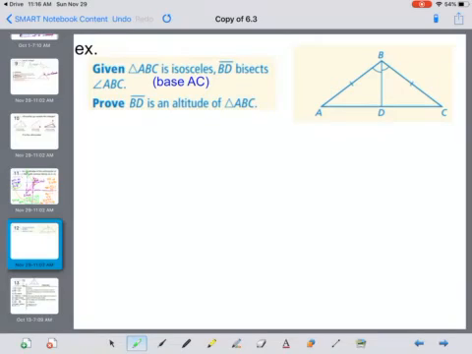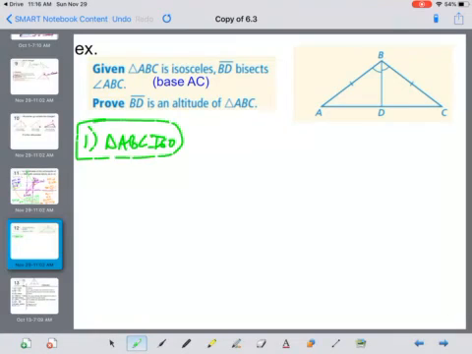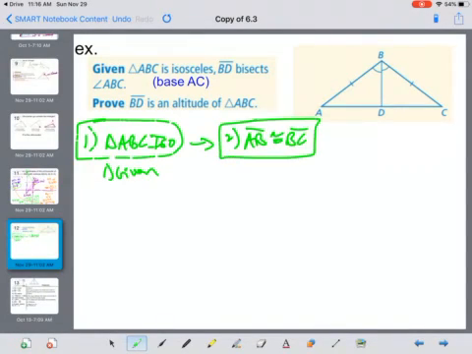We can also use these in proofs. So using this first one, given the fact that triangle ABC is isosceles, let's start there. That's going to tell me that AB is congruent to BC, and isosceles tells me those two sides are congruent.